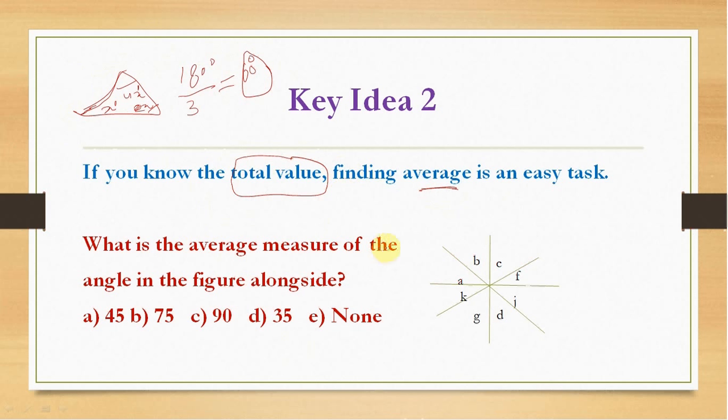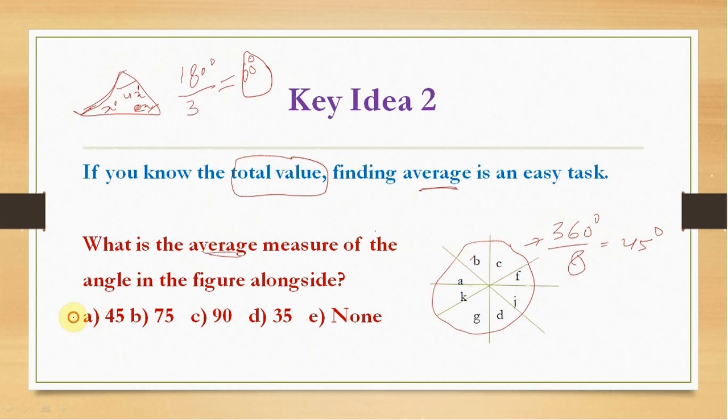So now let us take an example. There are 8 angles in this figure and we have been asked to find the average. So we know that the sum of all these 8 angles will be equal to 360 degrees because they complete a full circle, and we divide it by 8 and the average will be 45.